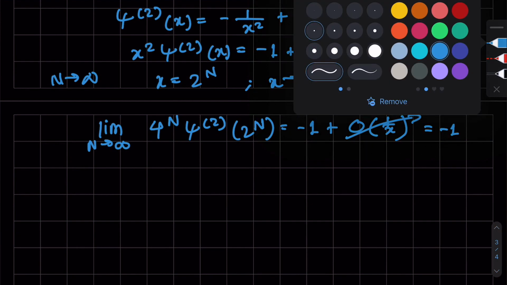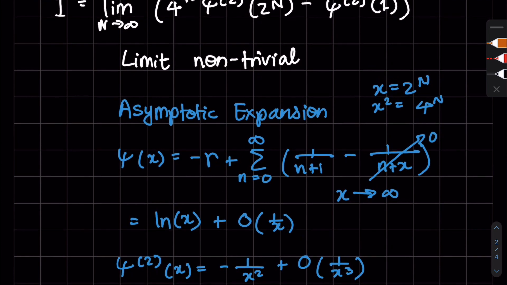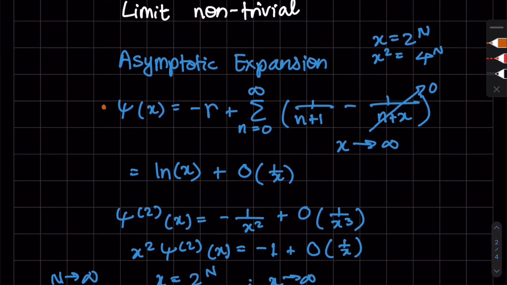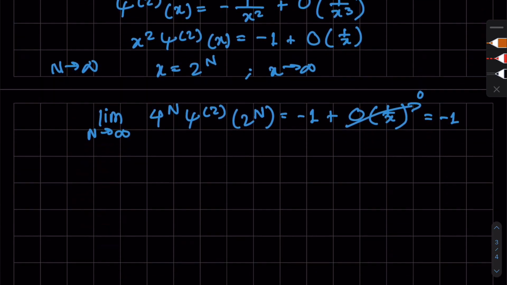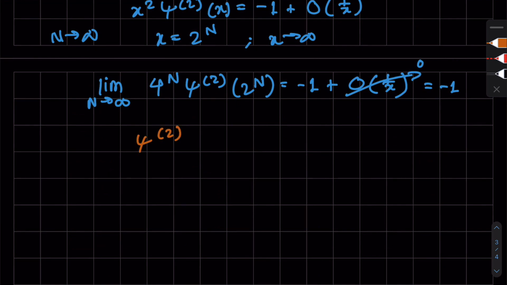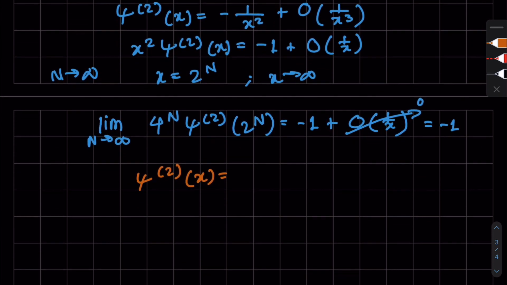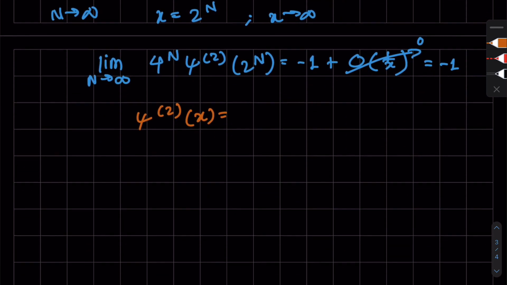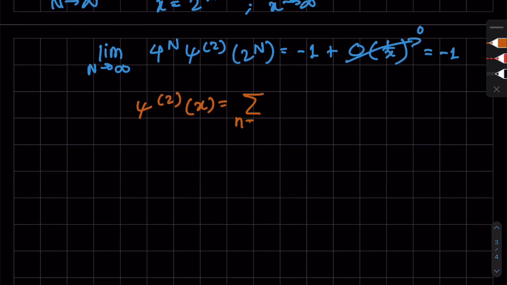And to find the value of the polygamma of order 2 evaluated at 1, we need to go back to this, and we need to differentiate it twice. And when I differentiate that twice, I get an equivalent infinite series representation of polygamma of order 2. Notice the harmonic terms go away, Euler-Mascheroni goes away. We just have one single sum from n equals 0 to infinity, minus 2 over (n plus x) cubed.